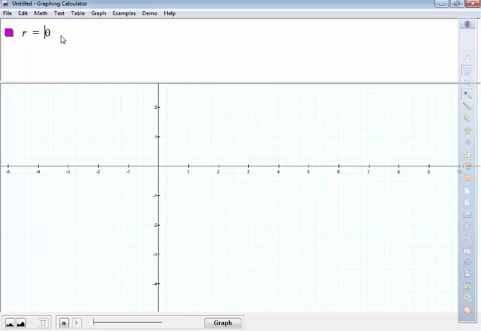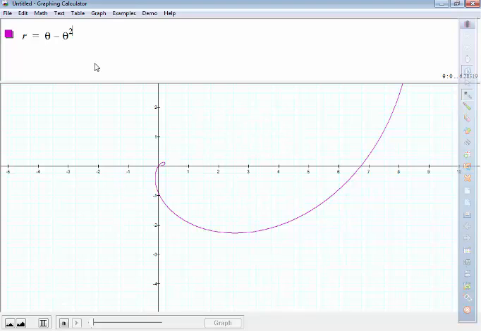And so if I have theta, let's say, minus theta squared, it's kind of hard to see, but it hits 0 at some point, and then it goes negative at another point, and then positive. So we change these things.